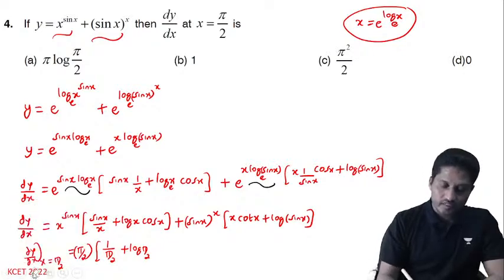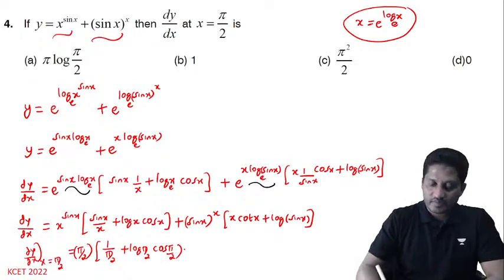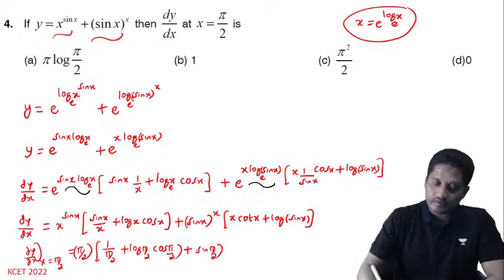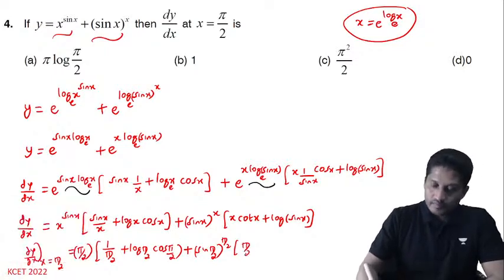You can do these calculations mentally, no need to write; since I'm explaining, I'm writing. You can skip the steps. This is sin pi by 2 whole to the power of pi by 2, and that is 1 anyways. x into cot pi by 2. Cot pi by 2 is 0. So everything will be 0. Pi by 2 into cot pi by 2 plus log of sin of pi by 2.